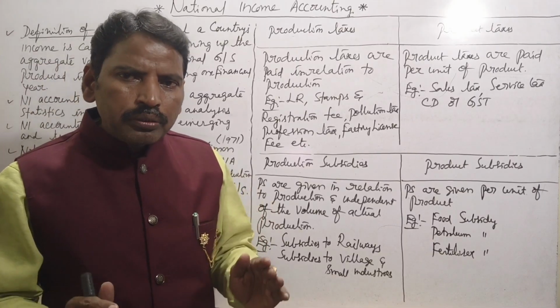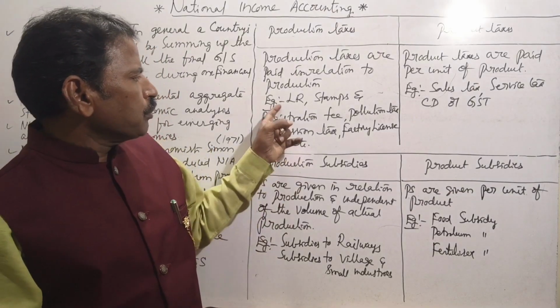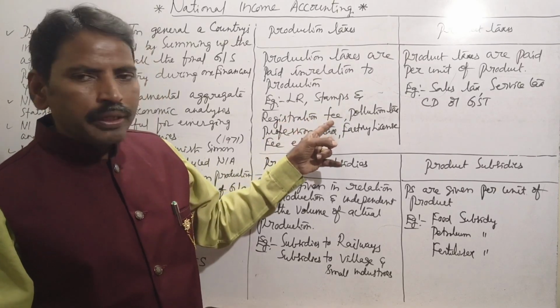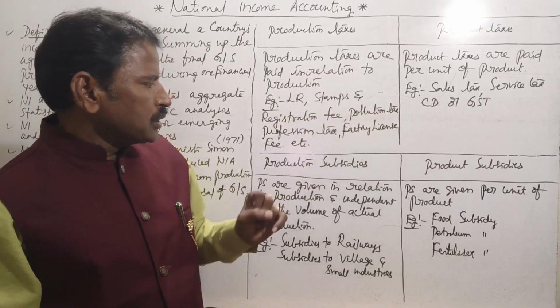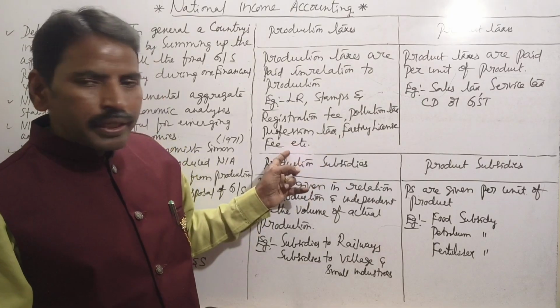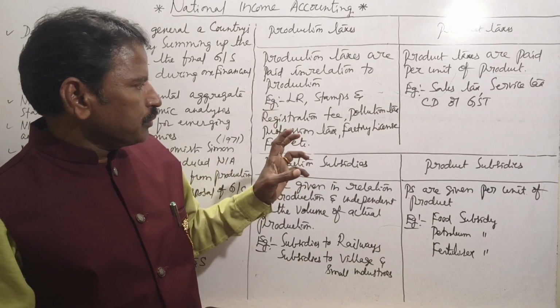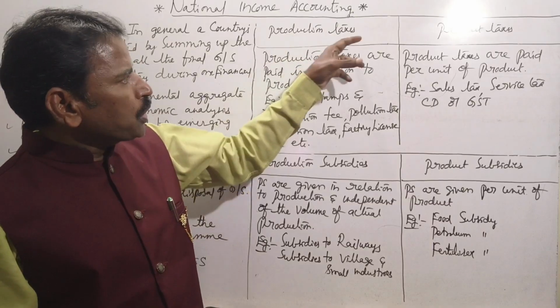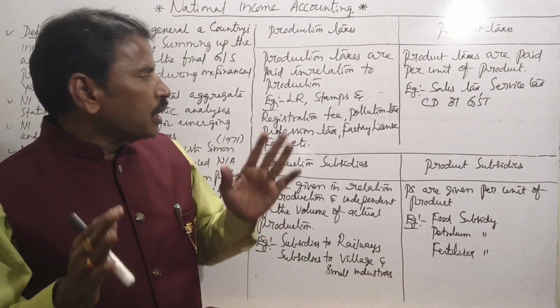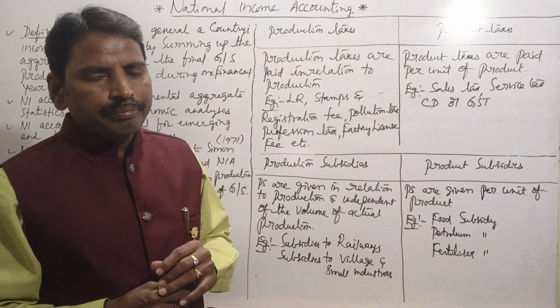For example, land revenue, stamps and registration fee, pollution tax, professional tax, factory license fee, etc. These are the best examples of production taxes, which are paid in relation to production.